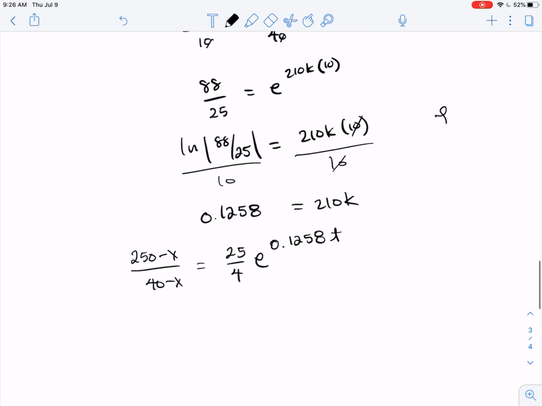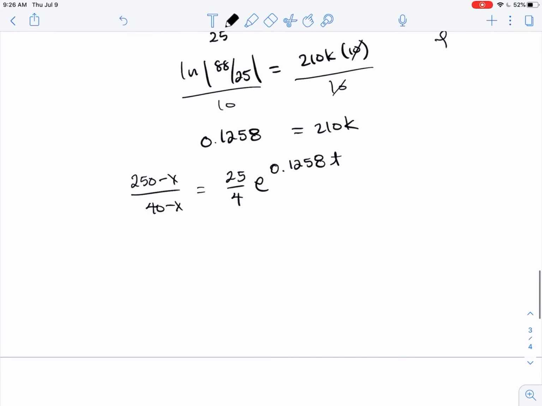All right, solving this now. So what you're going to want to do is distribute, right? So if you distribute, you get 1,000 minus 4x over 1,000 minus 25x. I forgot my e. Okay, so that one is good.